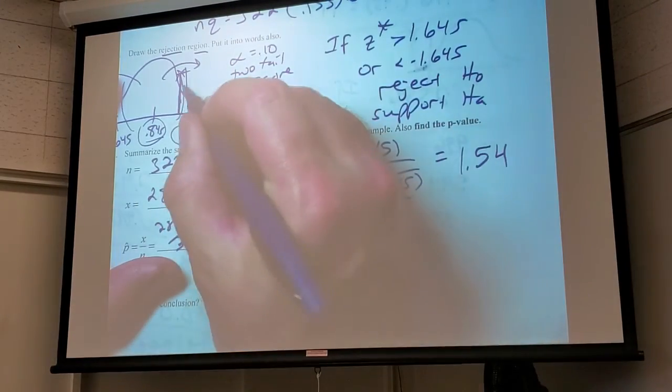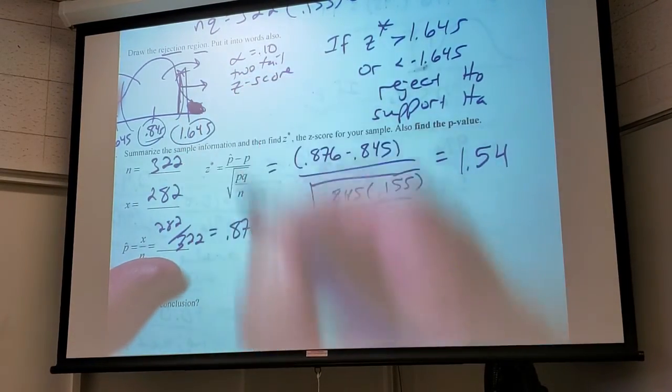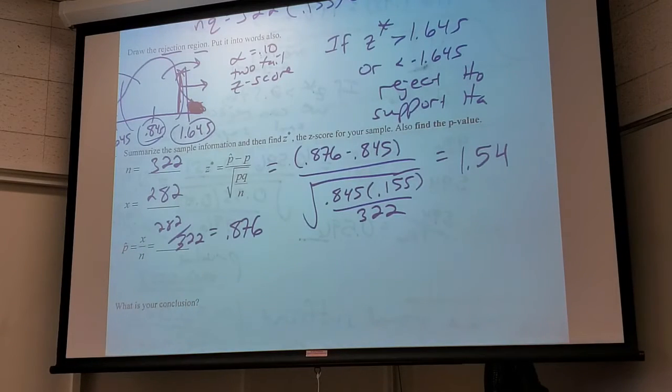Here's our z-score, so it's got to be this area. Of course, when you look up 1.54, you're going to find the wrong side, so you just have to do 1 minus that. So we look up the area on the z-score chart and then do 1 minus the area, because the area on the z-score chart is going to be below. You want the area that's in the tail.